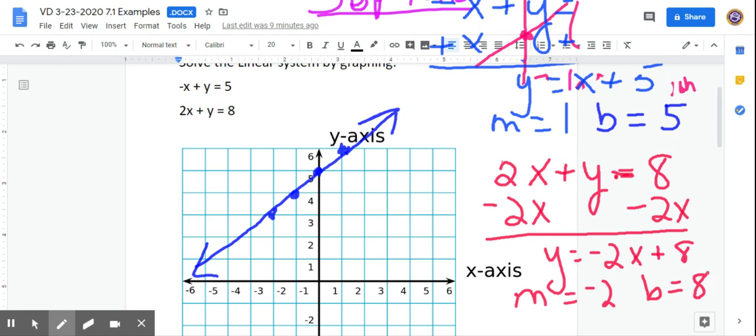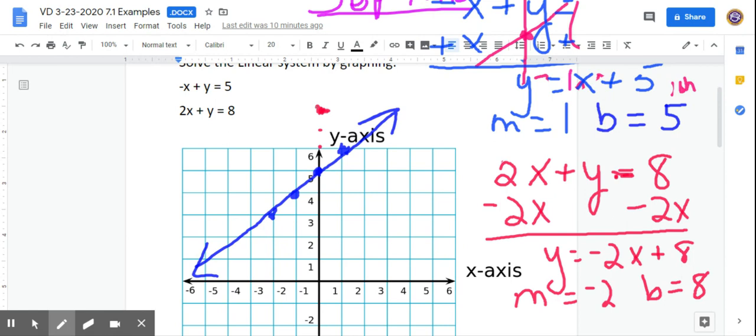So now we're going to graph that. So we're going to go to our y-intercept, which is 8. Okay, so that's going to be up here, actually. That would be 6, 7, 8. So we're just going to add that up there. And that would be b equals 8.